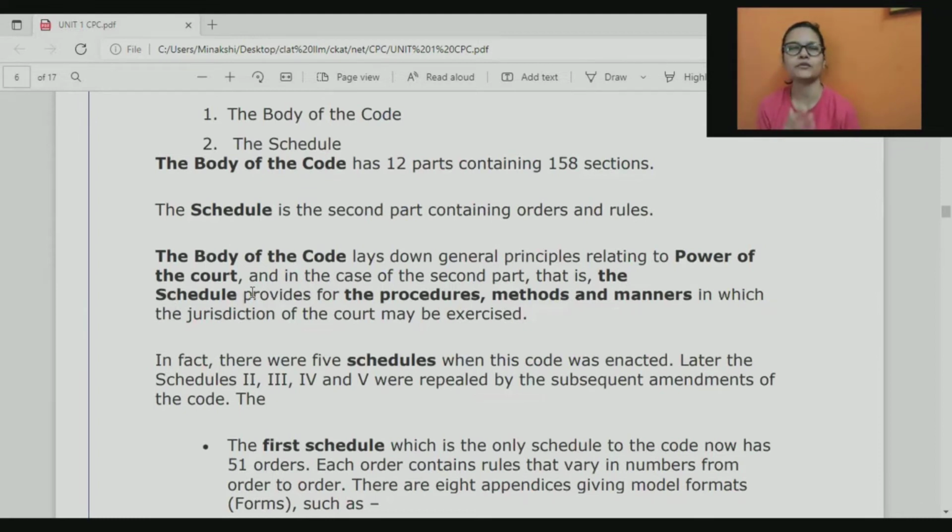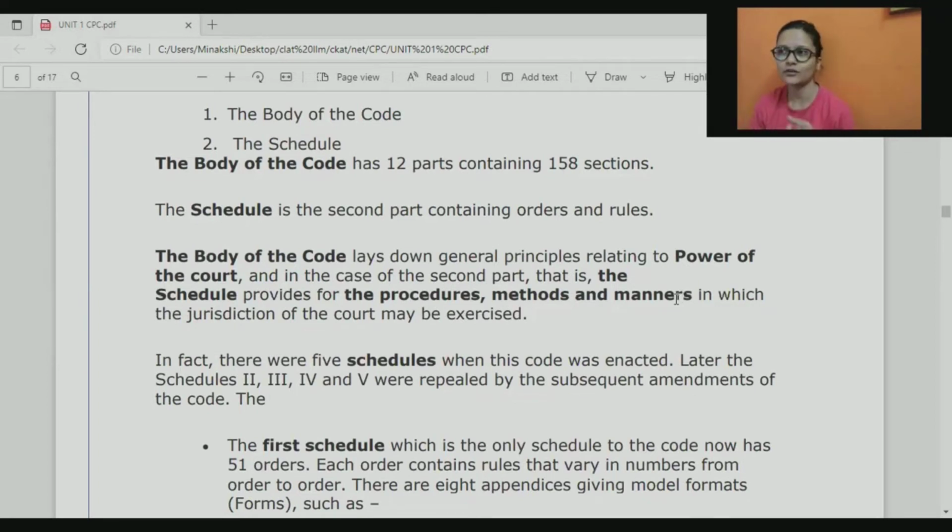It will tell you this is the jurisdiction, this is how court will exercise the matter, these are the things where civil court will have jurisdiction. But what is the process? How is it that civil court is going to use that power? That process, method, or manner is provided in the schedule part.